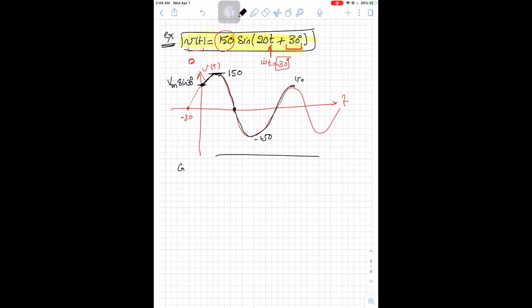Now let's take a general sinusoidal waveform. So what is a general sinusoidal waveform? Let's say this is a general sinusoidal waveform.